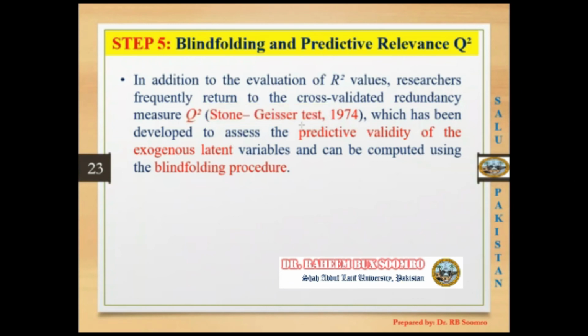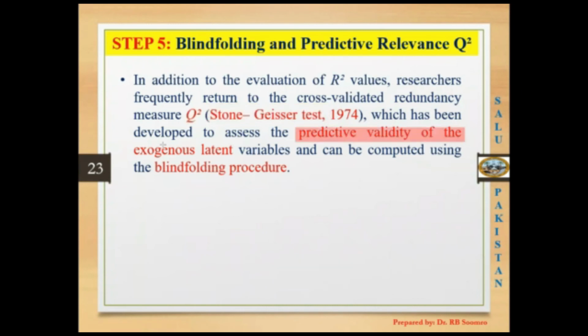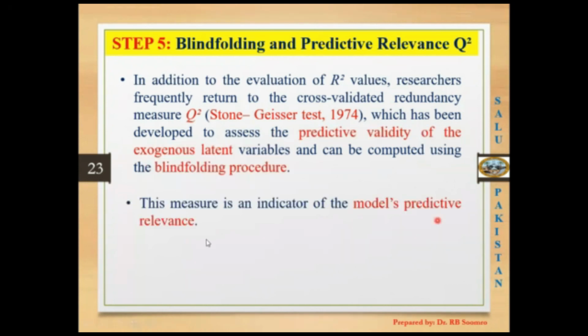What it does is predict the validity of the exogenous latent variables. It gives us the predictability of all the independent variables, and this can be computed with the help of the blindfolding procedure. This indicates the model's predictive relevance. So with the help of this, we are going to check the model's predictive relevance.